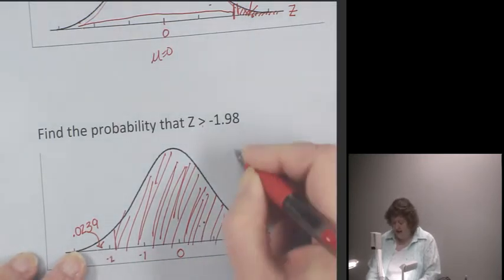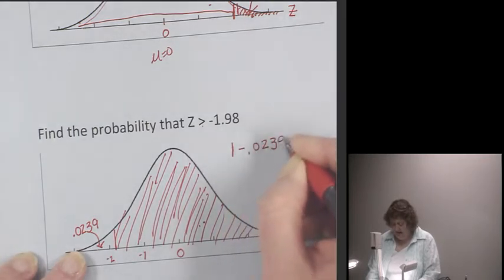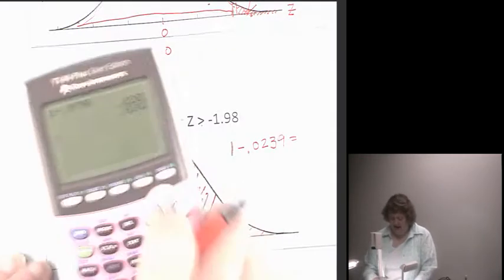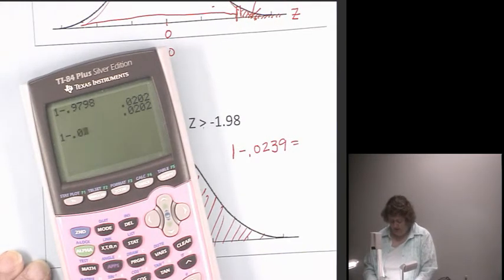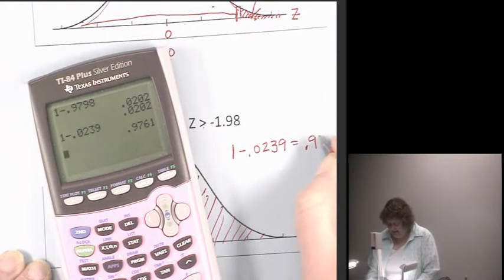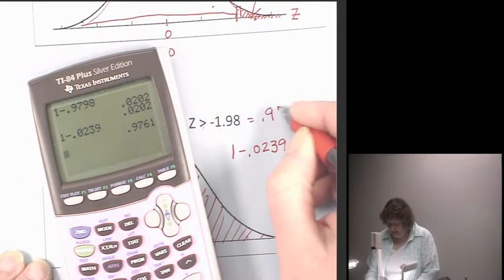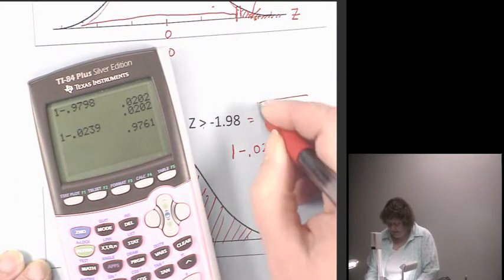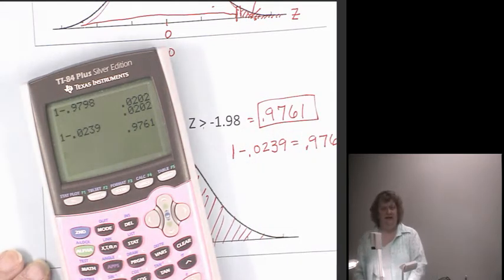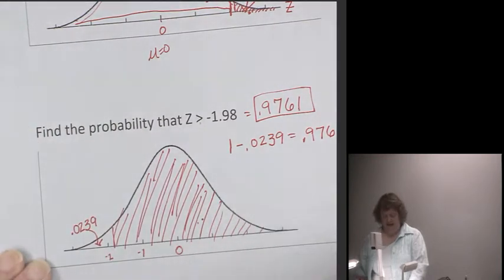So to find the right, I'm going to go 1 minus 0.0239. Take the calculator out. 1 minus 0.0239. And that gives me 0.9761. And that gives me the area, the probability that Z is greater than negative 1.98.